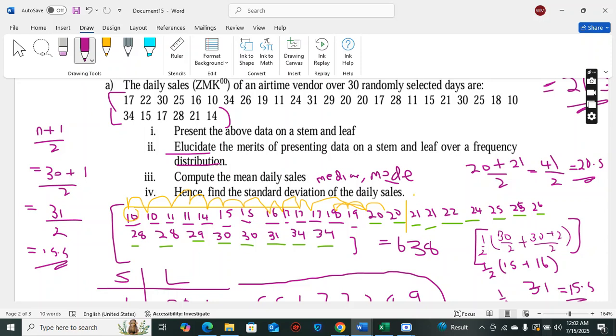It helps you arrange the data. Number one, it gives you the distribution of the data. Number three, it helps you spot outliers. Any number four?